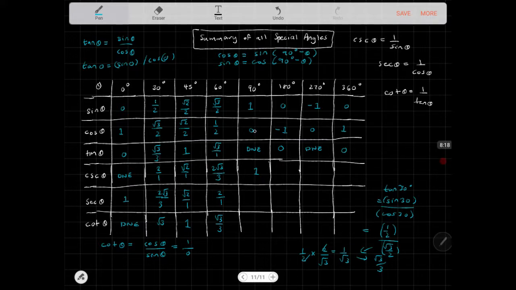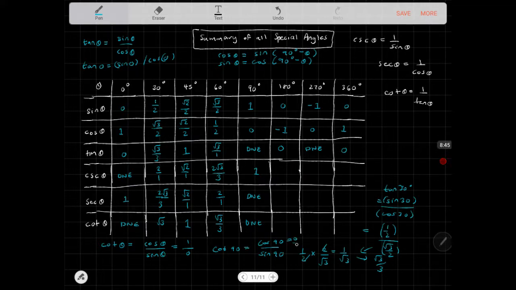Secant 90, on the other hand, we know that cosine 90 is 0, so it's 1 over 0, so it doesn't exist. Okay, and cotangent also doesn't exist, right? Oh, sorry guys. Wait, so cotangent 90 is equal to cosine 90 over sine 90, right?